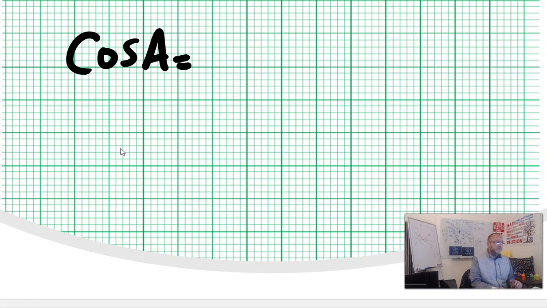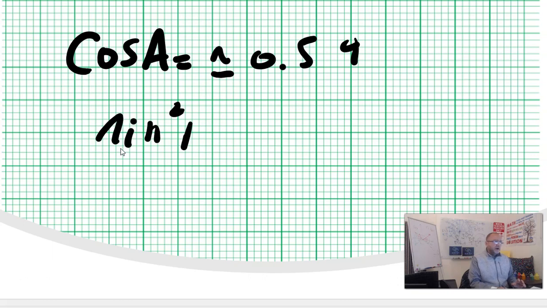Okay, and let me see here, what did we get to? We don't want to repeat that. Oh, something like 0.59, and we said sine square of any amount of rotation, which is the angle, plus cosine square equals 1. So sine square of this A now equals 1 minus cosine square.